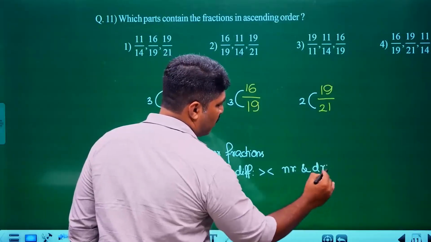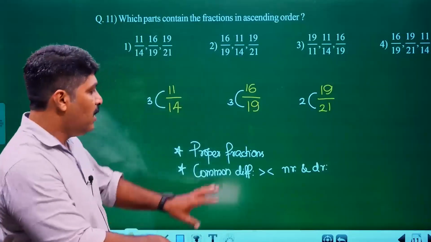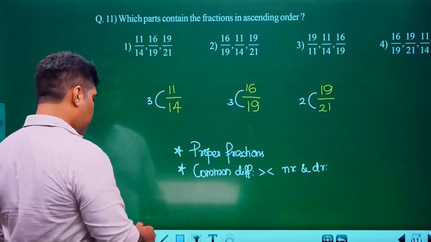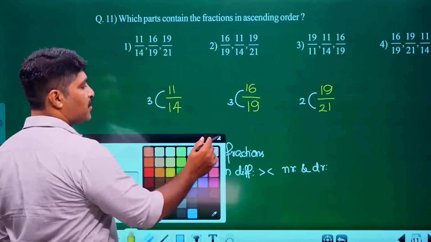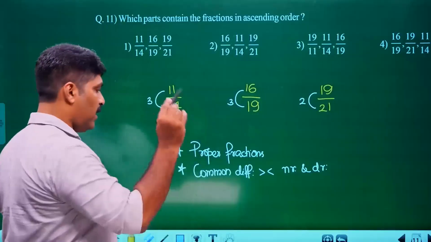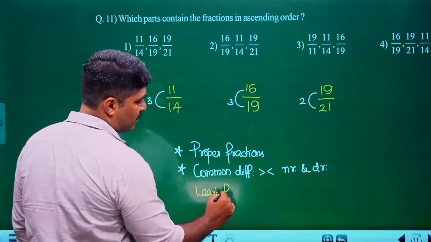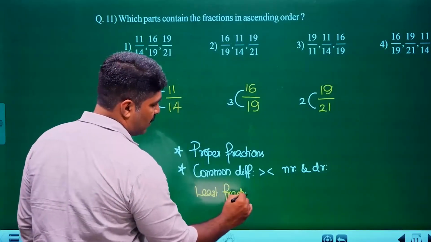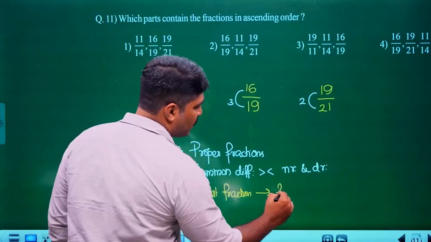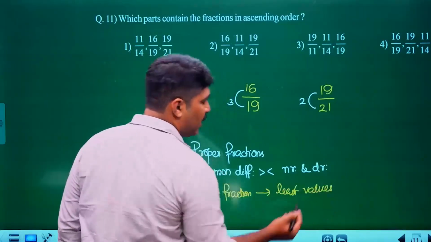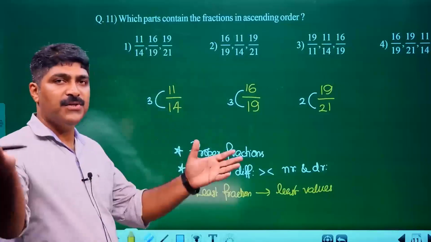If there are two conditions like this, then the conclusion is the least fraction contains the least values. Got it? Similarly, the largest fraction contains the largest values.